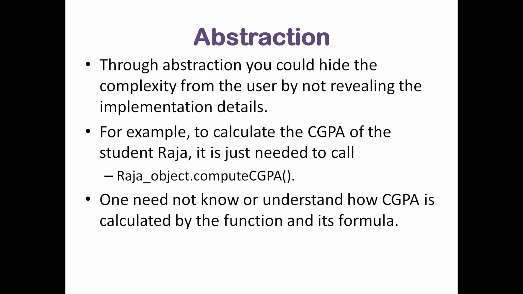We have applied some formula which will correctly calculate the CGPA. Once that is completed at the class level, whoever wants to calculate the CGPA simply has to make a call to that method in the form of object name dot method name. Automatically the CGPA will be computed for that particular object or student.